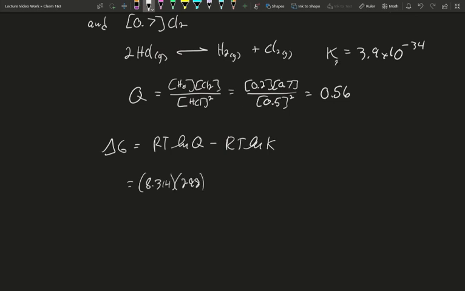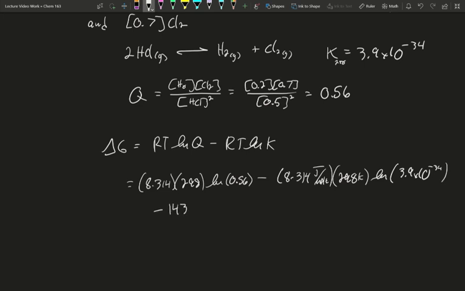Our K value here was the standard state 298 K value. ln of 0.56 minus 8.314, I guess include units, joules per mole Kelvin, 298 Kelvin, ln of 3.9 times 10 to the negative 34.